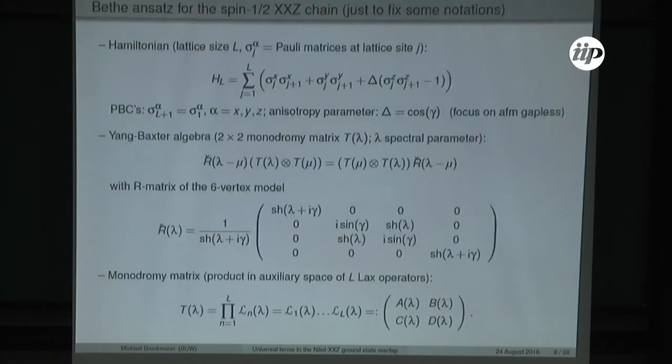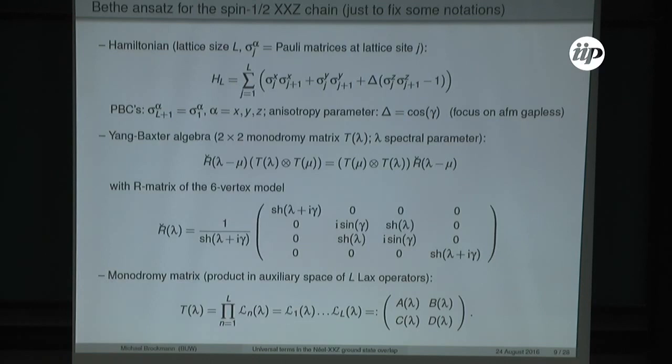So this is easy. This is the Hamiltonian. It depends on the length of the chain, capital L, and it is anisotropic with anisotropy delta, which we write as cosine gamma. And we assume periodic boundary conditions.